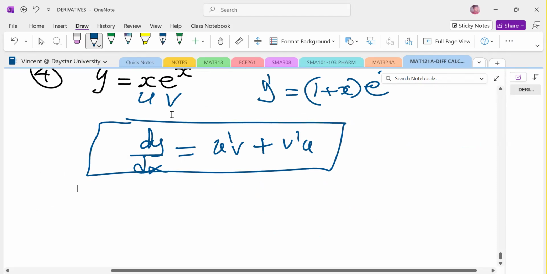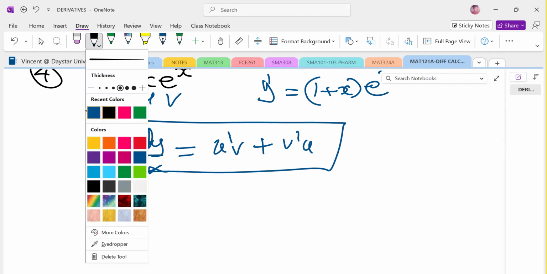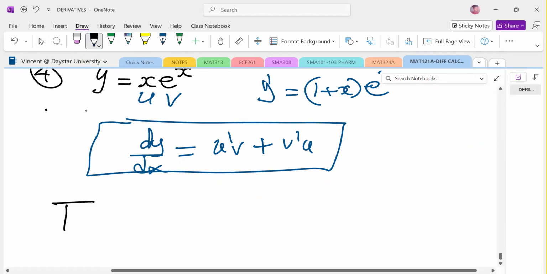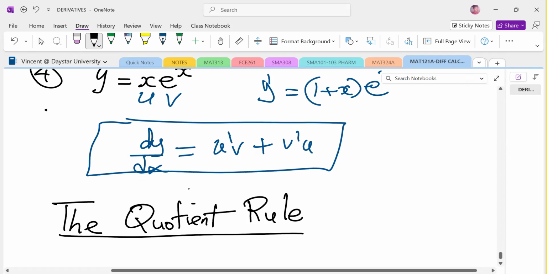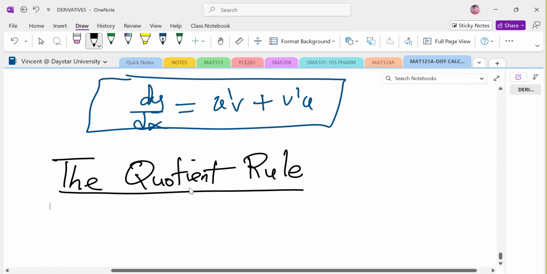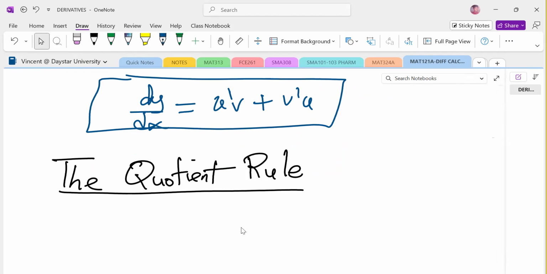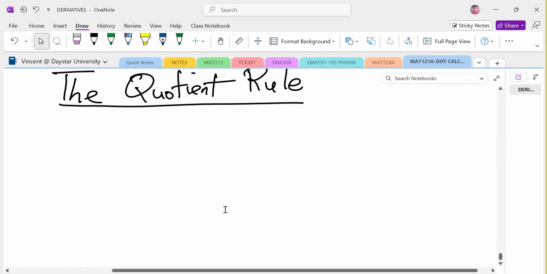So this is the main take home. So if we have a product rule, then we also must have the other operation, the quotient rule. So the next is what we call the quotient rule. When a function f of x turns out to be a structure of a quotient u over v, this is when this rule is applicable.